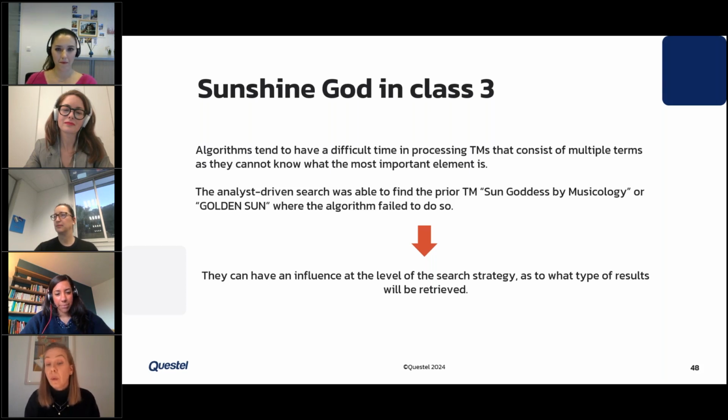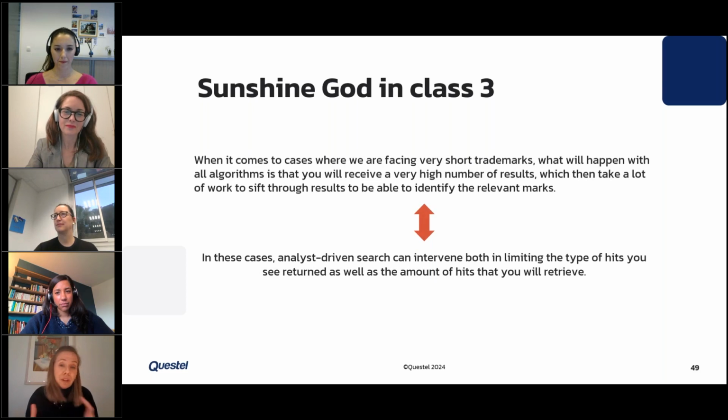So you're able to influence the search strategy and then the results that you retrieve. Because even though these marks might not be of extremely high risk, you might still want to be aware of them. I think that's basically what it boils down to: with an algorithm, you will definitely find identical marks. However, you might miss the last 5%, which you might still want to be aware of.